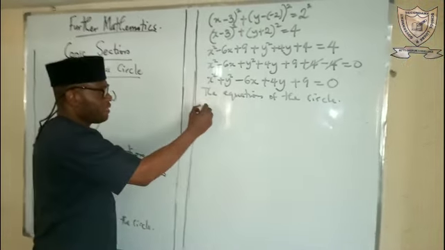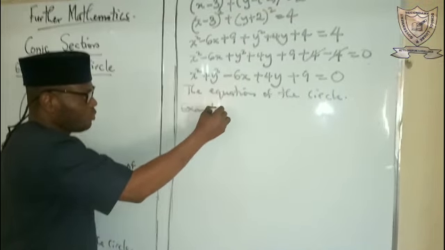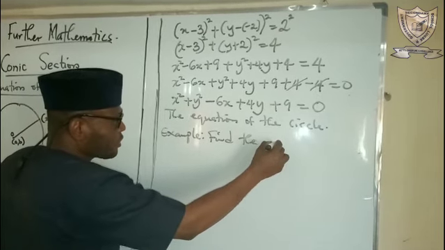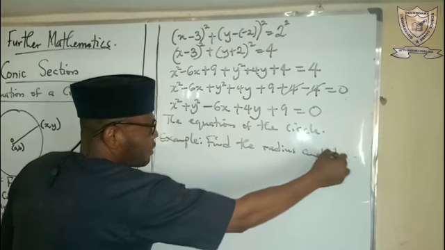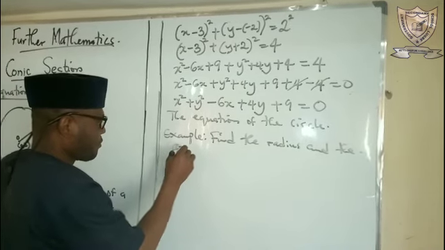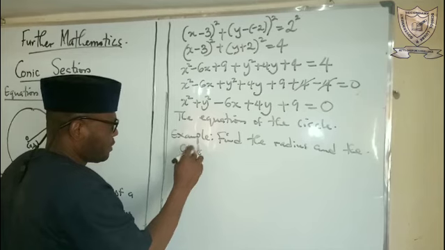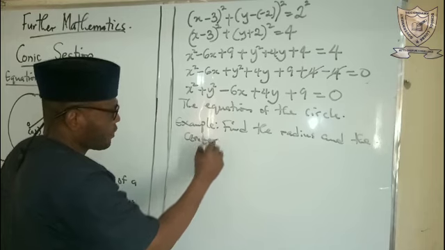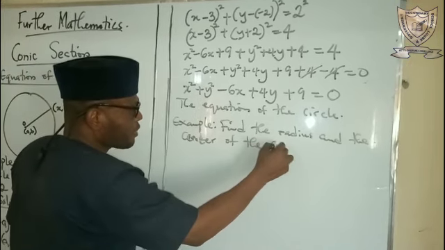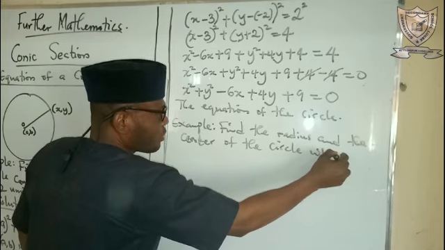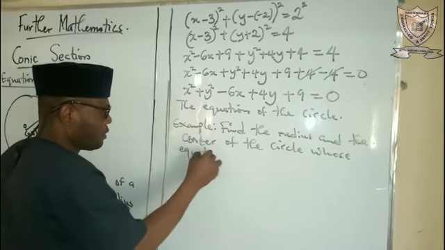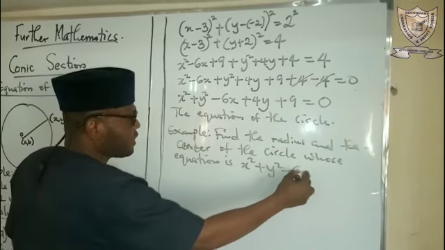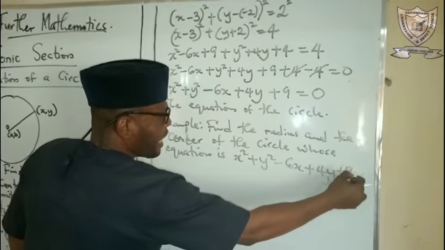Let me have it as an example to be clear: find the radius and the center of the circle whose equation is x squared plus y squared minus 6x plus 4y plus 9 equals 0.